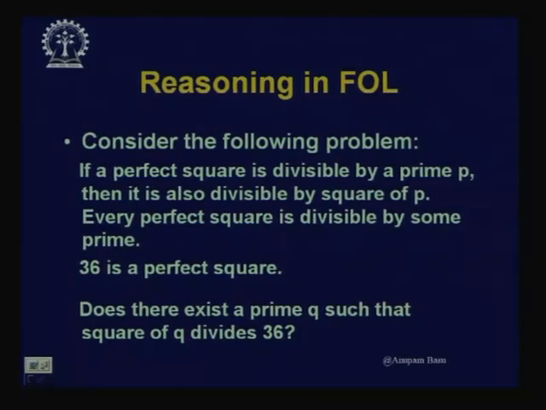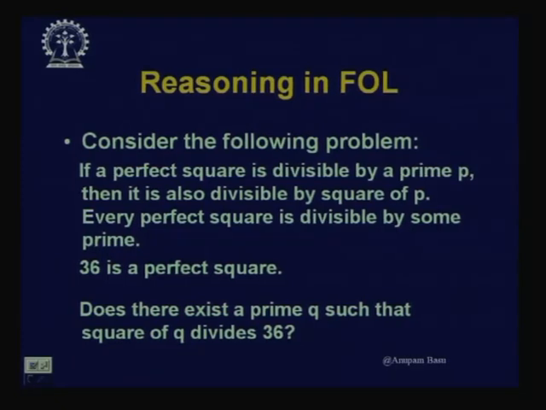The next statement that I make is every perfect square is divisible by some prime number. Take a perfect square 16, it is divisible by 2, it is a prime number, all right. I also say 36 is a perfect square.